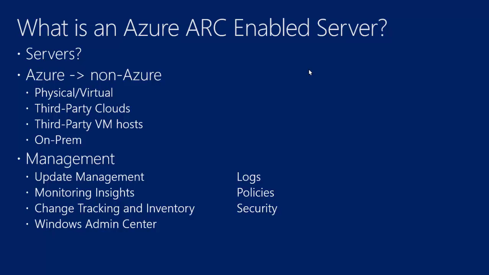Kubernetes can be, in Azure, it can be whatever. So I'm not going to go down that road right now, but that's where we're focused. And management as well, right? Having the ability to do different management capabilities on your Azure Arc enabled servers, just like you can on Azure servers. So update management, one of the capabilities. You can do that with Windows and Linux.